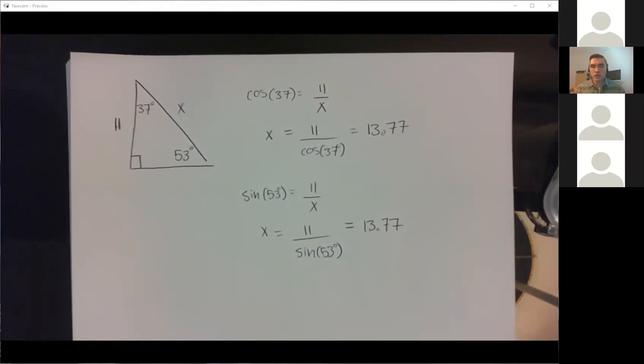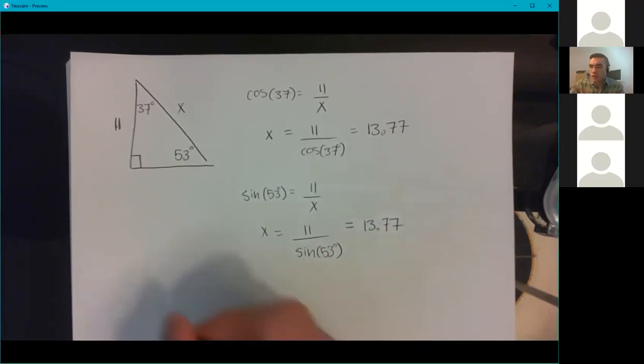For that one, you don't even need to do standard trig, though you could. If you did standard trig based on the 60, the side length we're solving for, is that adjacent or opposite? That one's adjacent. And what side length did they give us? They give you the hypotenuse. So what ratio is made of adjacent and hypotenuse? Cosine.